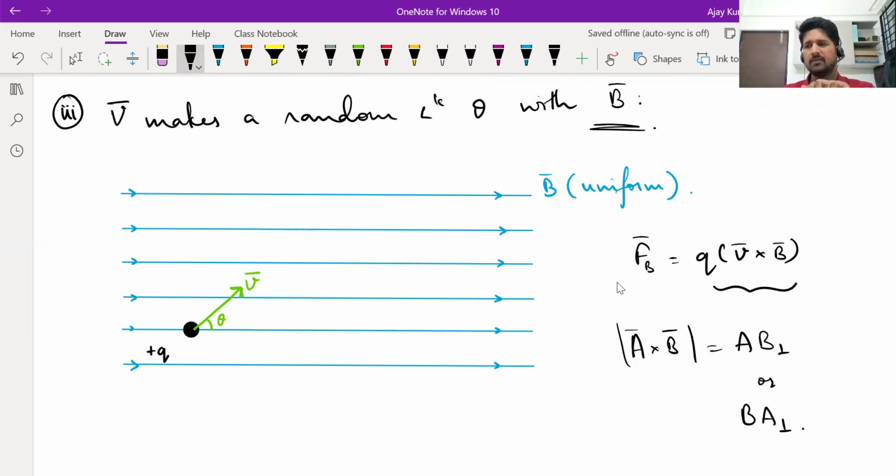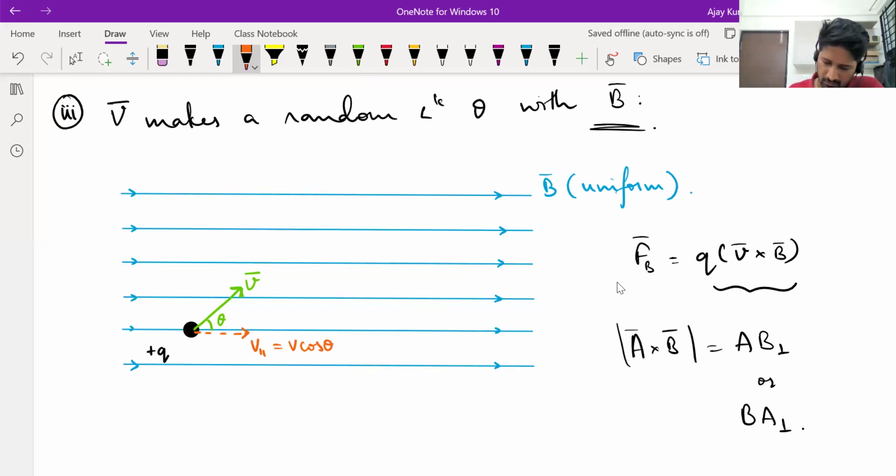But our aim now is to describe the motion of the particle. To describe the motion of any particle, not just this one, you need to look at the velocity vector. So we'll resolve velocity into two components by keeping the field as it is. You can take one component of velocity parallel to the magnetic field, that will be V cos theta.